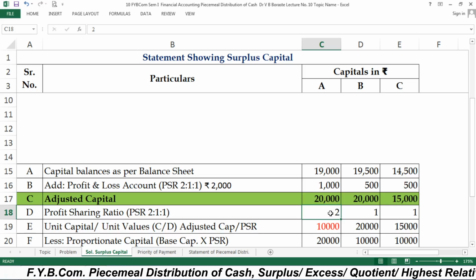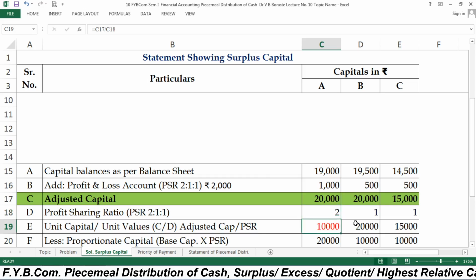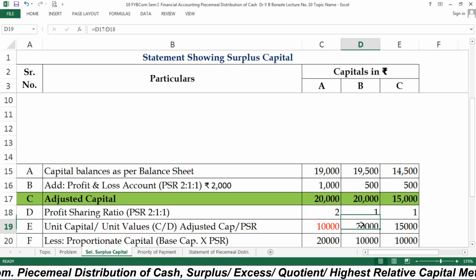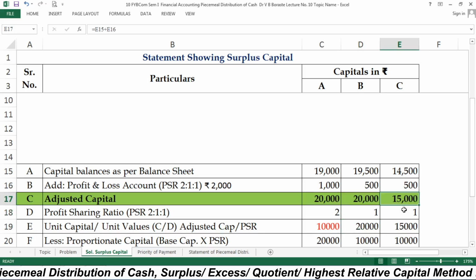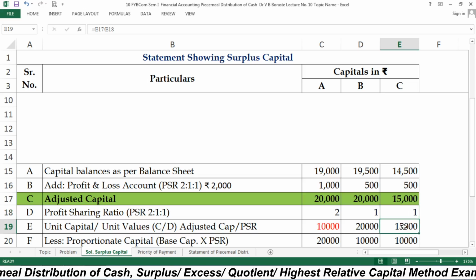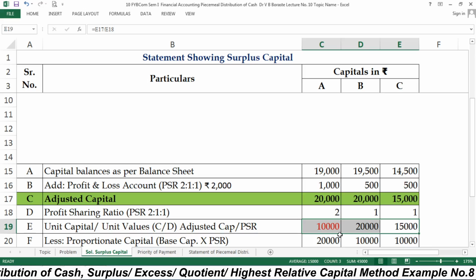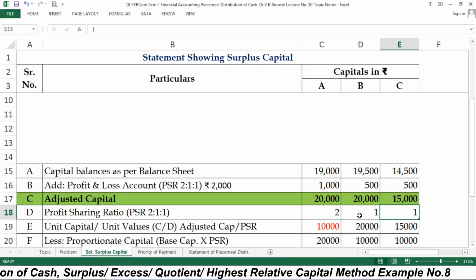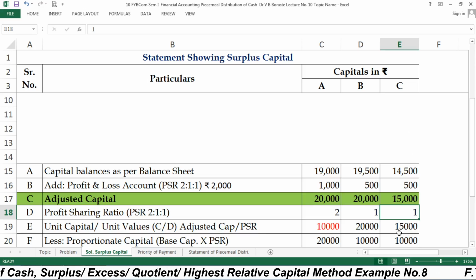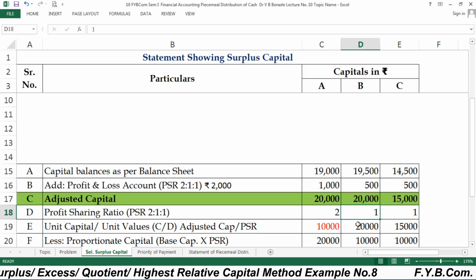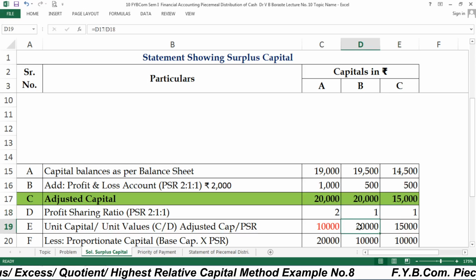So 20,000 divided by 2, the answer will be 10,000. In the same way 20,000 divided by 1, the answer is 20,000, and 15,000 divided by 1, the answer will be 15,000. Out of these three unit capital values, that means for one share, Mr. C gives 15,000 to the partnership firm. For one share, Mr. B gives 20,000 to the partnership firm.